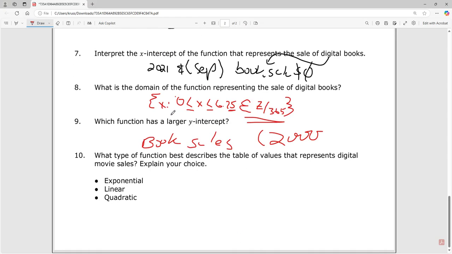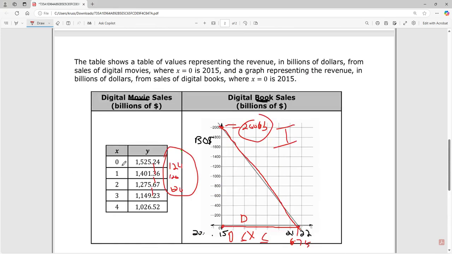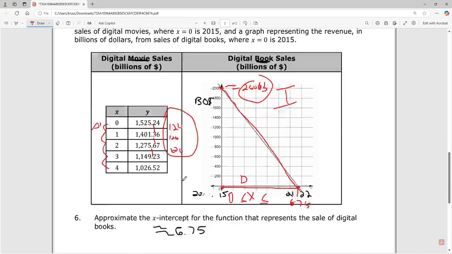So this is going to be linear. As explained, the delta y divided by the delta x, or the differences. The x's are changing by one each time, so it'd be 124 divided by 1, 126 divided by 1, 126 divided by 1, right?